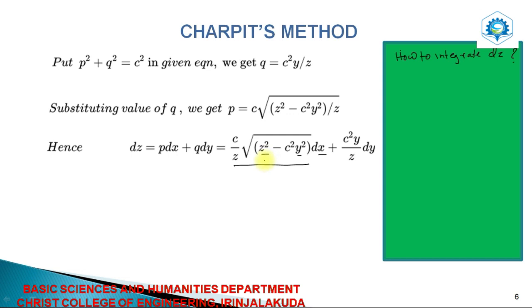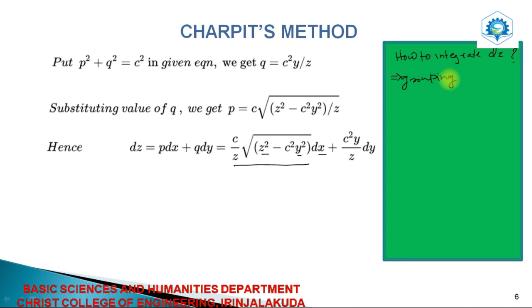So it is not possible to integrate this term directly. We have to do some adjustment. One of the important or useful methods for solving dz is grouping variables in such a way that we'll have some integrable form.